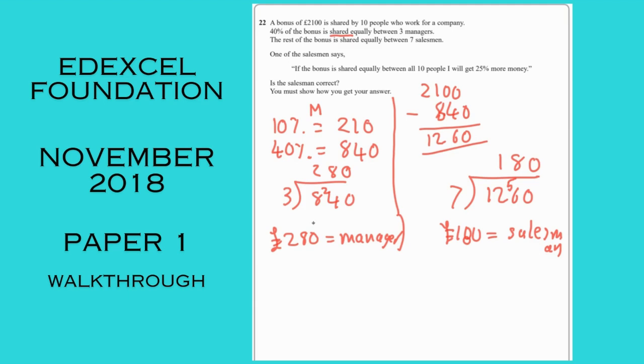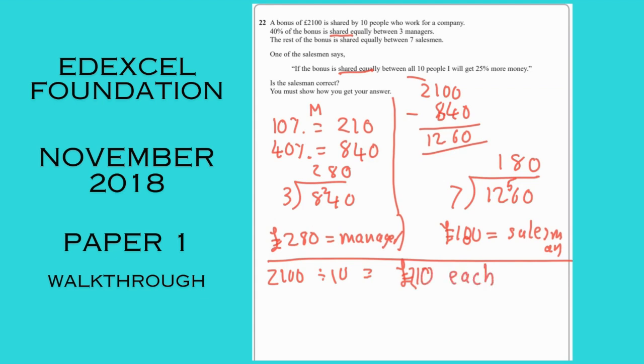So one of them says if the bonus is shared equally between all 10, they would get £210 each. So if the bonus is shared equally, the salesman says he'll get 25% more money.